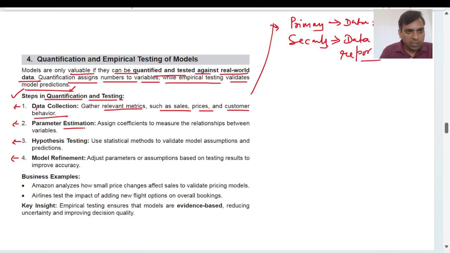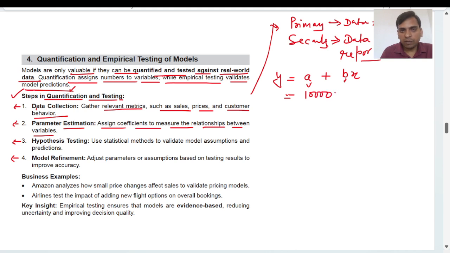And parameter estimation assigns coefficients to measure the relationship between variables. I have explained the concept of regression analysis, just like y equals a plus bx. So this is the fixed cost. Suppose the fixed cost for manufacturing is 10,000 rupees, and the variable cost per product is 100. So the value of b is 100 and it is multiplied by x. x is quantity, and you can find the total cost.